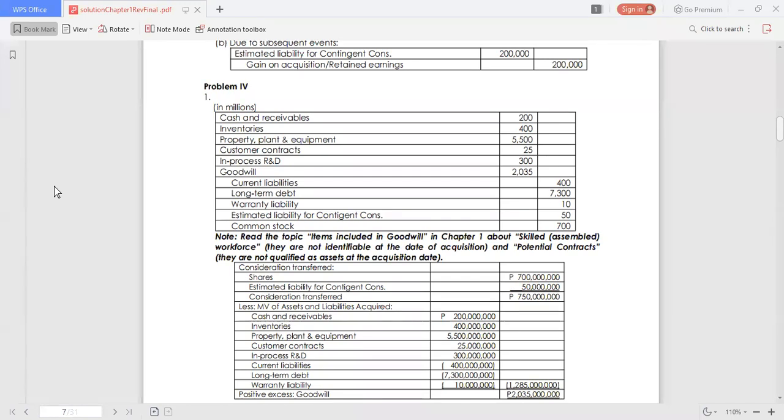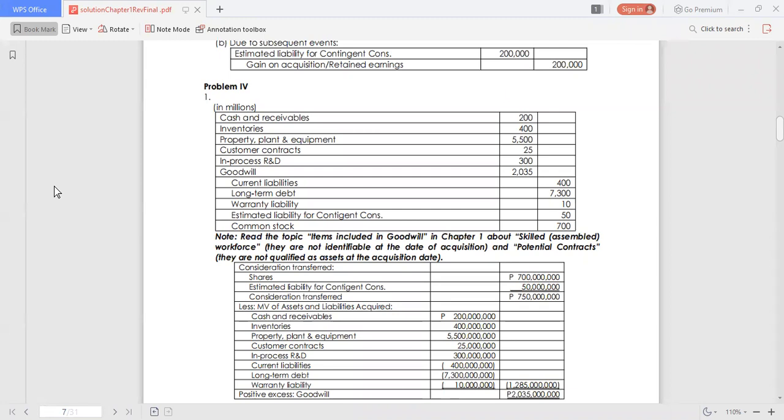And we have another 100,000 to be added to the given amount of the long-term debt. As stated, the long-term debt is undervalued by 100,000. So we are now crediting the long-term debt a total of 7.3 million after the adjustment.